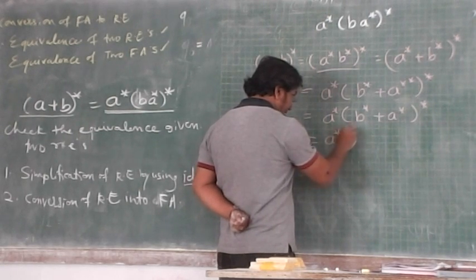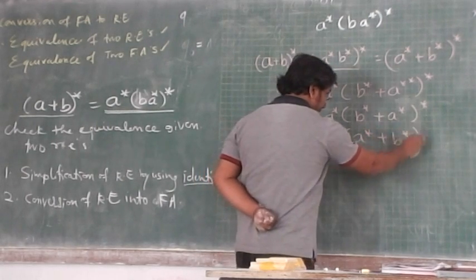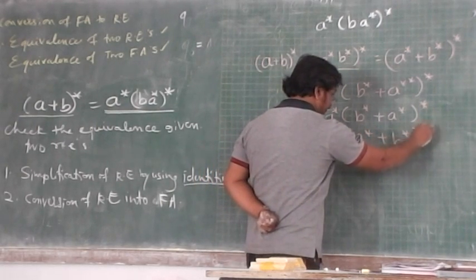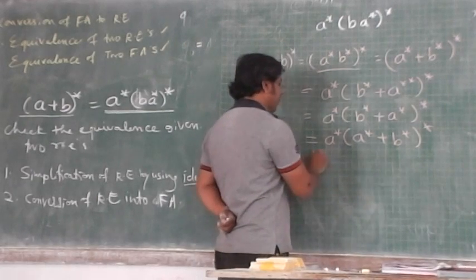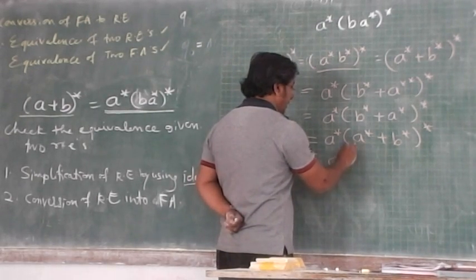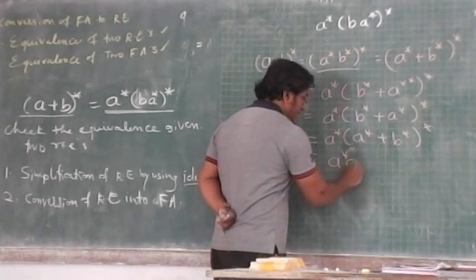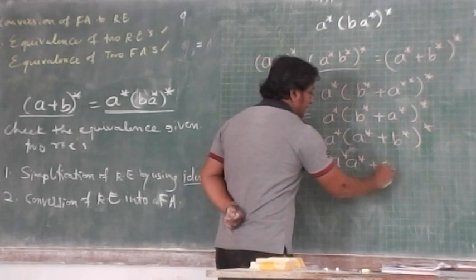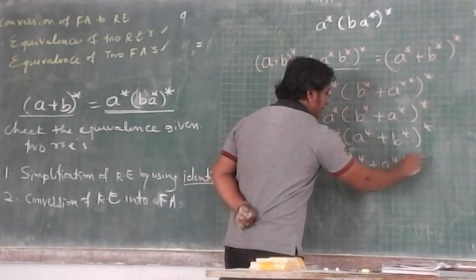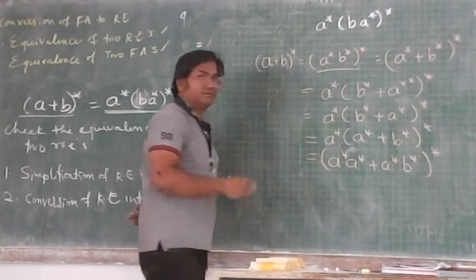This is equal to again (A star plus B star) star. So this is again (A star A star plus A star B star) star, by the distribution law.